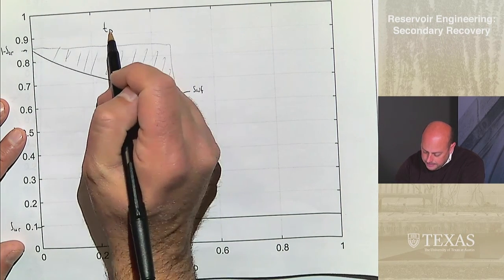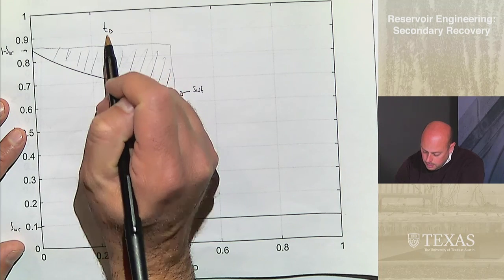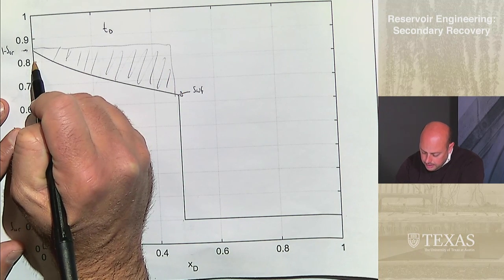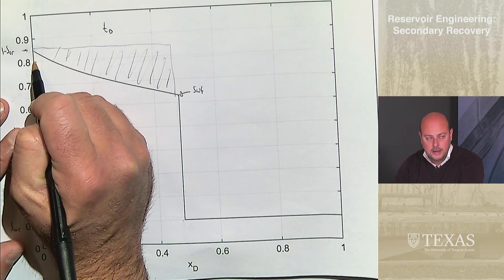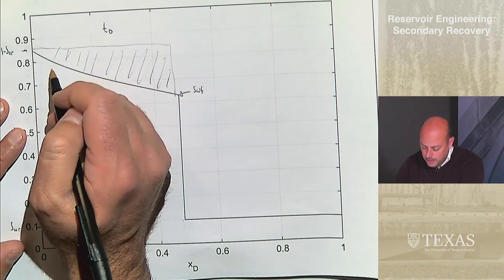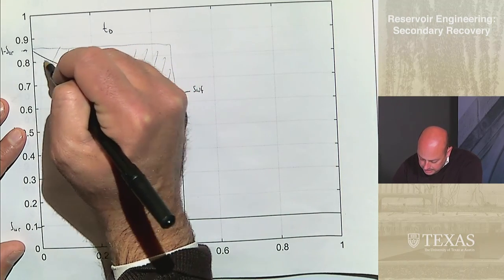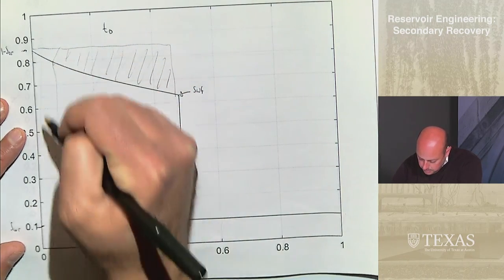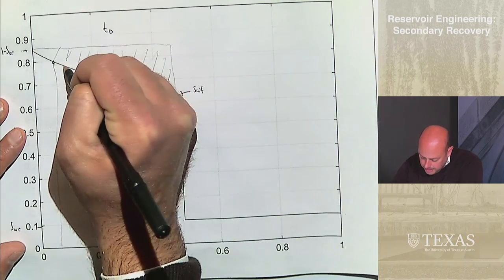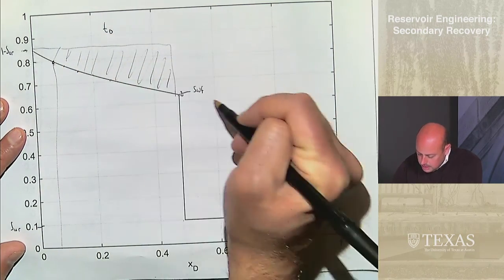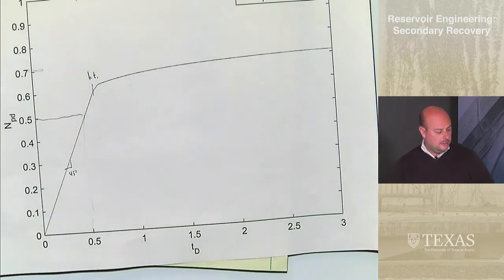At that time, I choose my saturation of 0.8. At 0.8, I calculate FW prime and I multiply it by tD. And what I get is this xD. So I plot this point over here. And then I plot all my other points and I create this curve. So that's basically how that works.